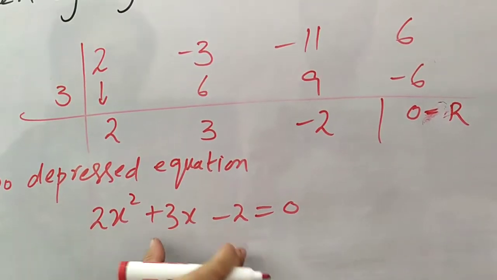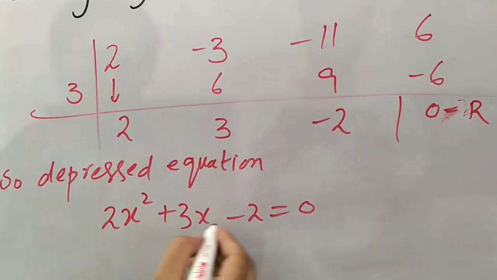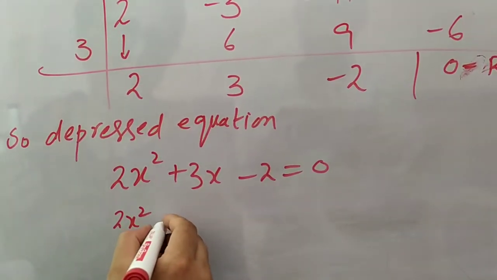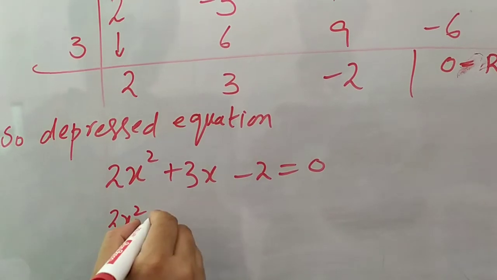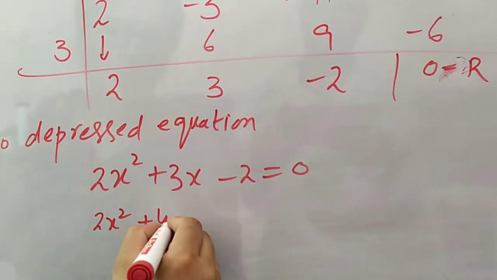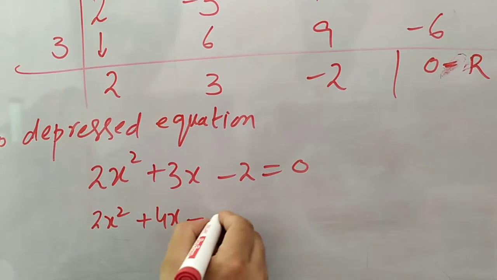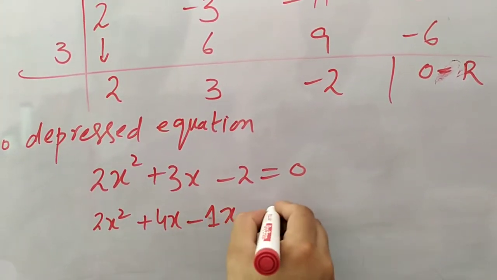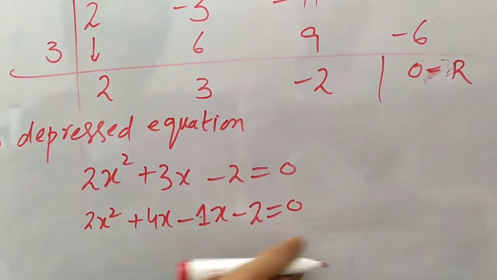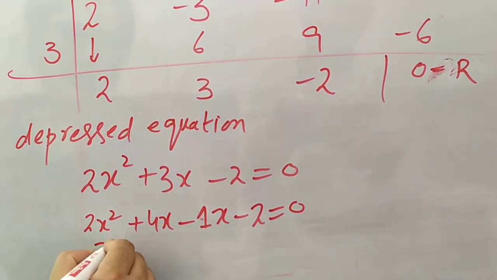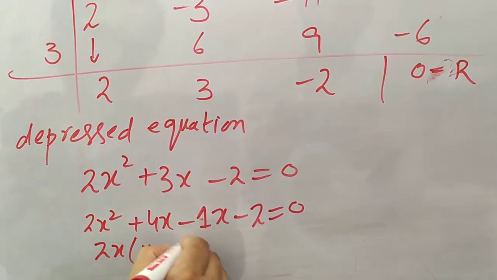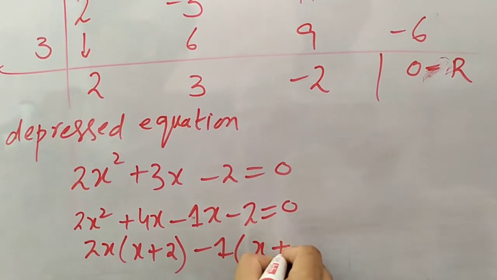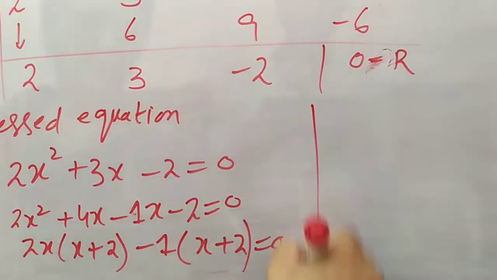From it we will find the rest of the two roots. So we have 2 times -2 equal to -4, so it becomes 4x minus 1x. It could be the possible pair of factors. So taking 2x common, I get x plus 2, taking -1 common, I get x plus 2, equal to 0.